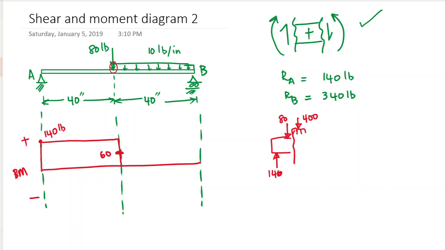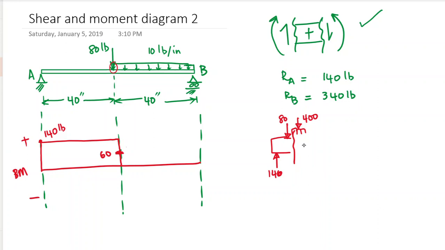Therefore, there has to be a 340 pounds acting at B to the right, and it should be acting upwards to counter the 400 plus 80 minus 140.